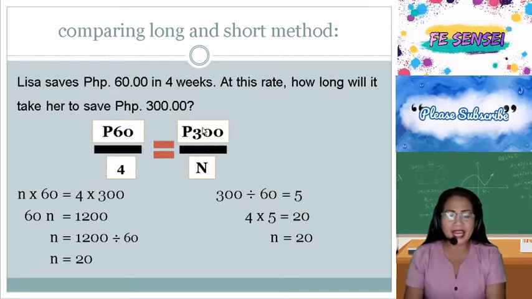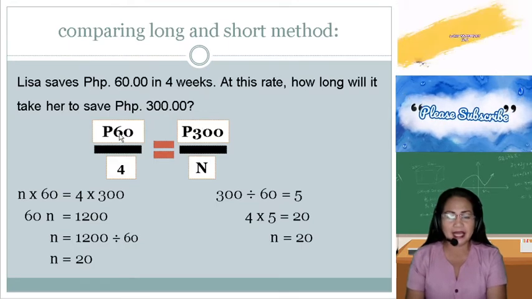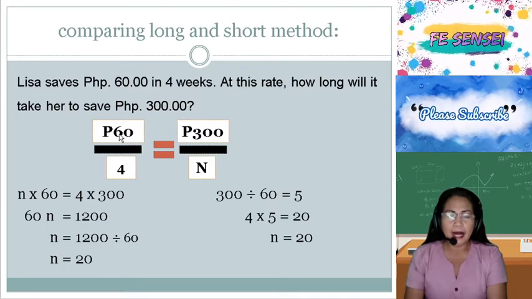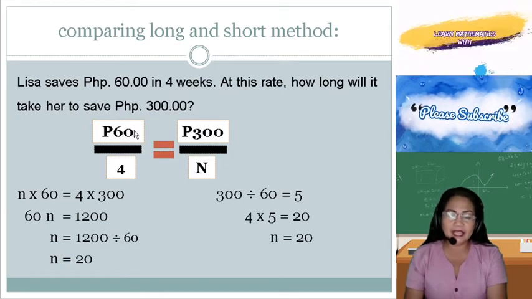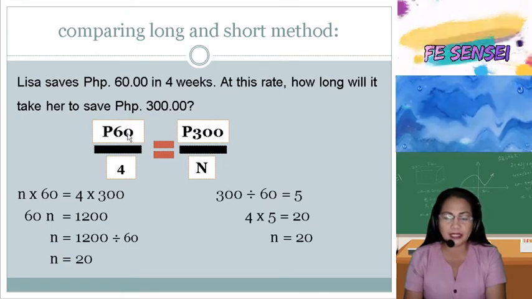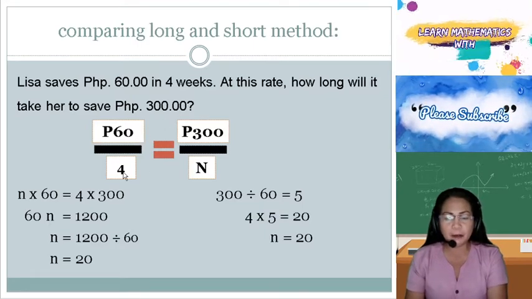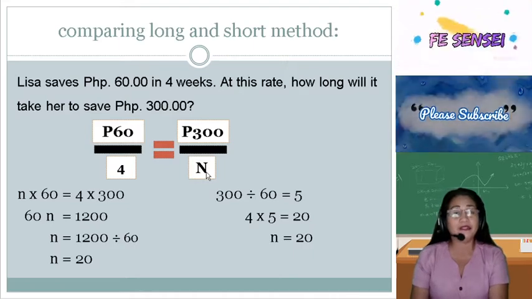Or, 300 divided by 60, it's 5. If you're going to multiply 60 by 5, it will give you 300. Therefore, you multiply 4 by 5 and it gives you 20.